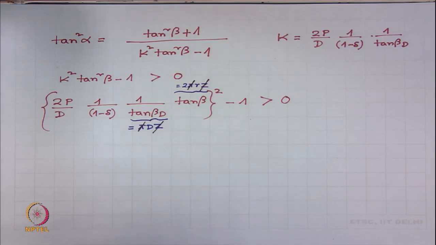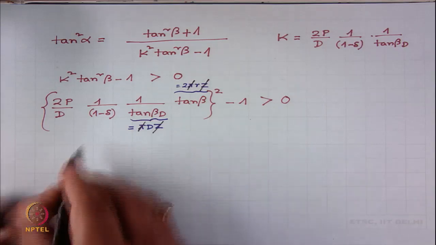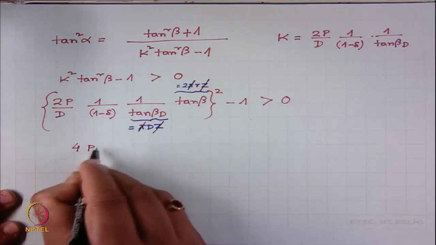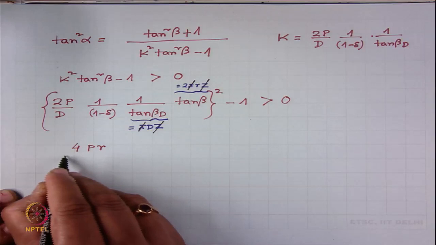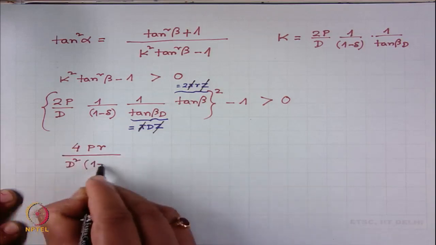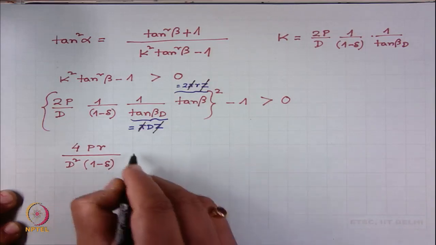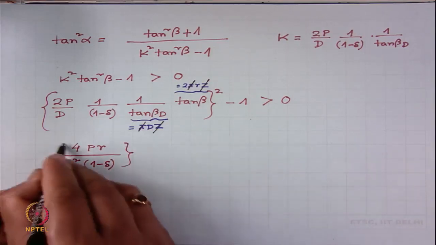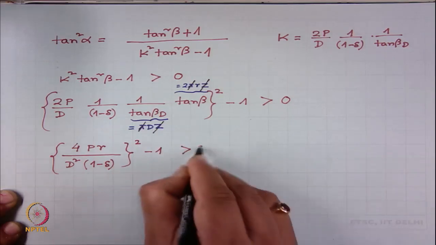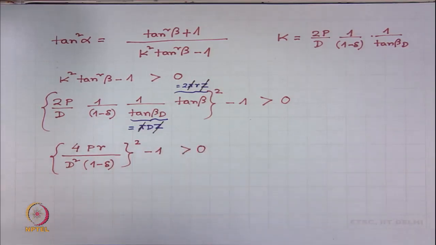What we are left with is 4 p r over d square, 1 minus retraction, minus 1 greater than 0.